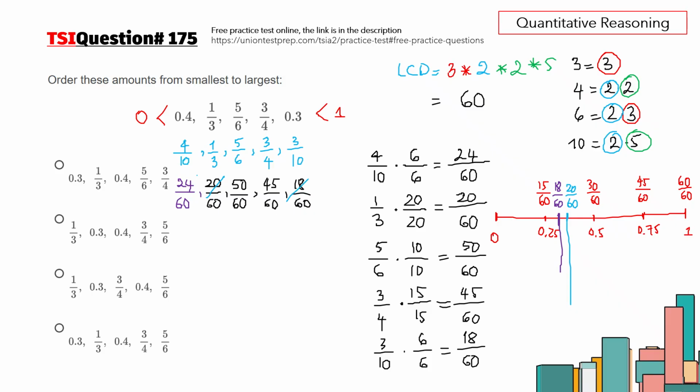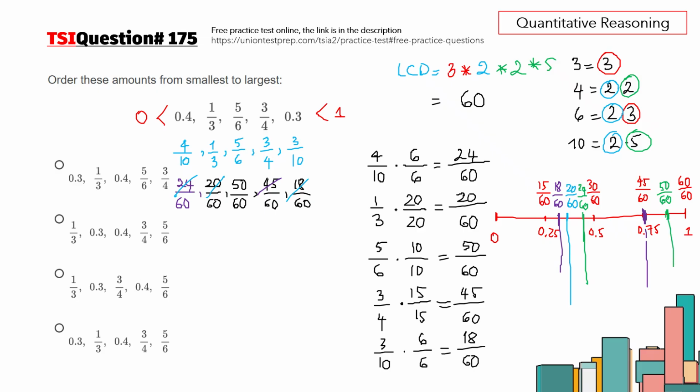Now 24 is less than 30, so 24 out of 60 is right here. And now we have 45 out of 60, exactly here at 0.75. And then the last one is 50 out of 60, which is in between 60 and 45. You have 50 out of 60 here.